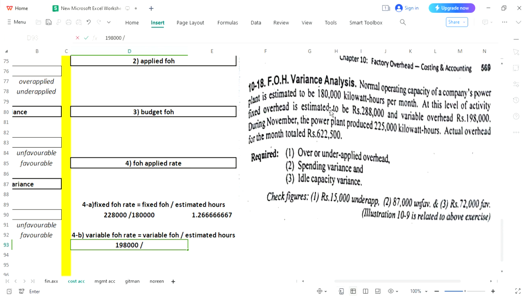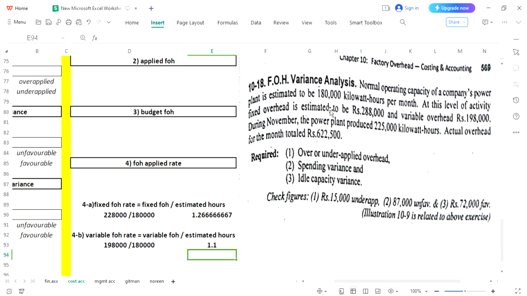Normal hours are shared by fixed and variable both. So these were 180,000. This is your statement, and now put it on the calculator. 198,000 was your variable FOH, and it is supposed to be divided by 180,000, which are your normal hours. So in this way you have calculated your second rate.